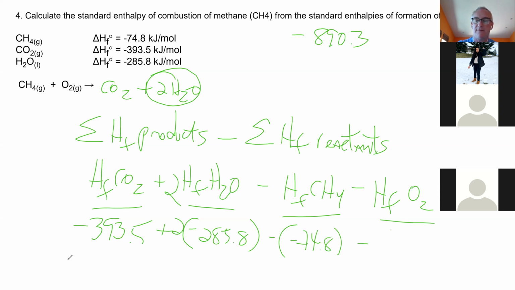And then minus, what's the heat of formation of oxygen? We don't know. You should. It's the most stable form of that element at room temperature. What's the heat of formation of it? Negative 890.3. Nope, that's the combustion for methane. Oh, for oxygen. Heat of formation of oxygen, molecular oxygen.